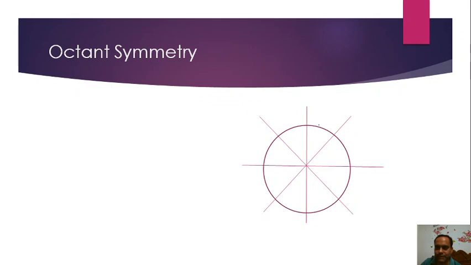As the two-dimensional space is divided into 1, 2, 3, 4, 5, 6, 7 and 8 parts, this is known as octant symmetry.